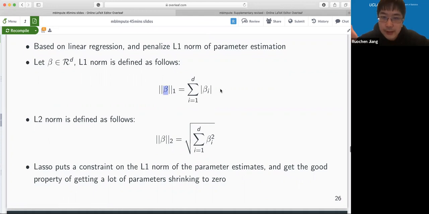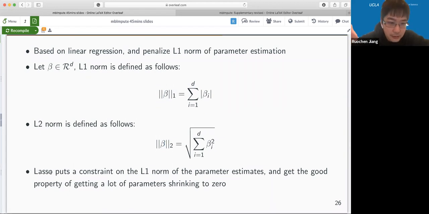The L1 norm is just the sum of the absolute values in each dimension. And the L2 norm of that vector is the square root of the sum of the squares of the entries in each dimension. The lasso puts a constraint on the L1 norm of the parameter estimates and gets the good property of shrinking a lot of parameters to zero.